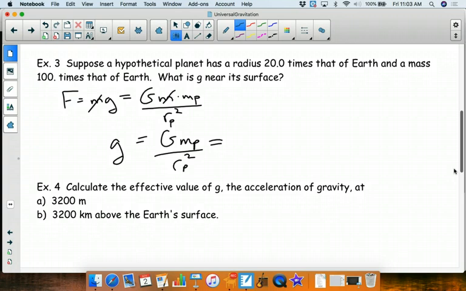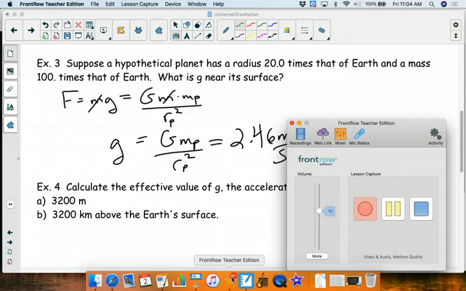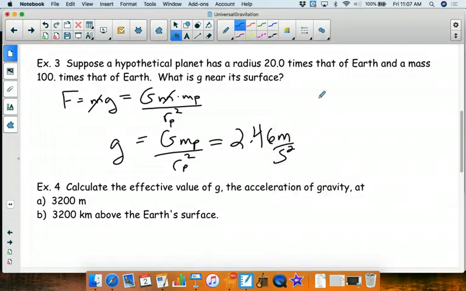Okay, and your answer should be 2.46 meters per second squared. Make sure your units are correct. What are the units of big G? Newton times meters squared over kilograms squared.